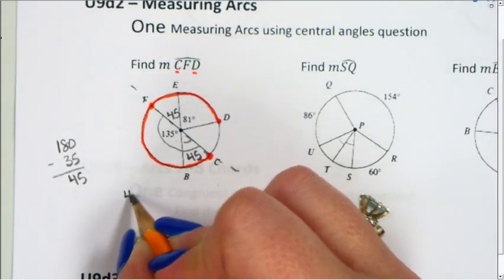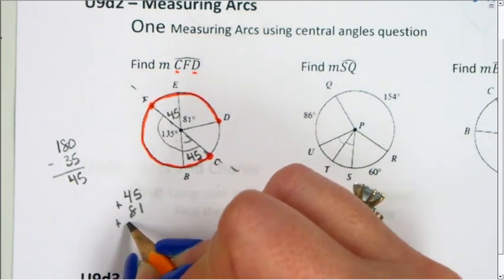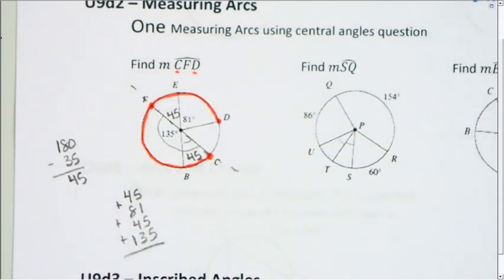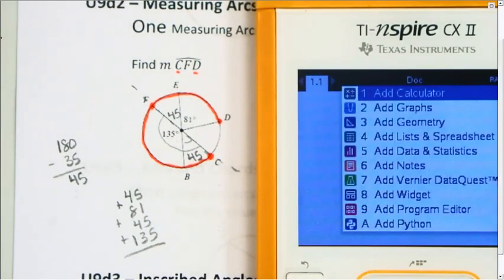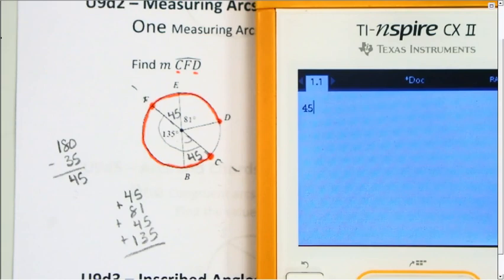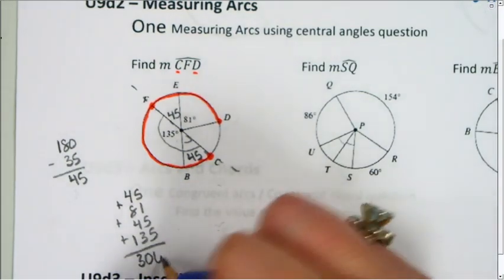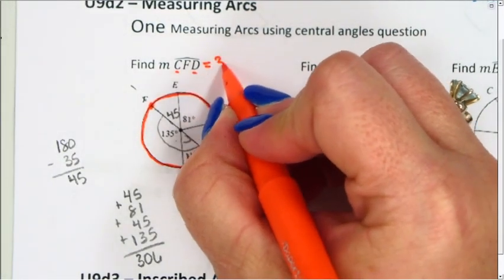I'm going to add all of those together: 45 plus 81 plus 45 plus 135. That arc has a measure of 306 degrees. So the measure of arc CFD is 306 degrees.